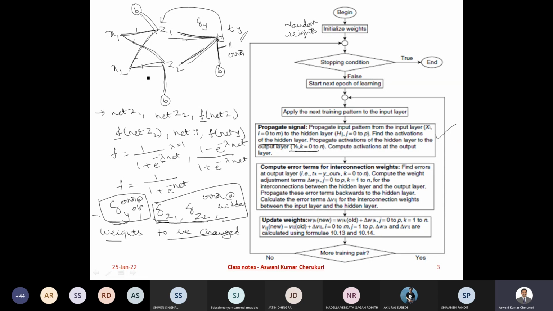When I am modifying the weights between hidden and output, I am going to consider the error term at the output layer, that is del y. When I am modifying the connection weights between input and hidden, I am going to consider the error at the hidden nodes, that is del z1 and del z2. Is that clear? Yes.